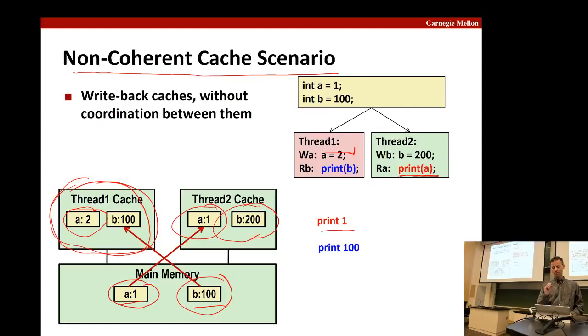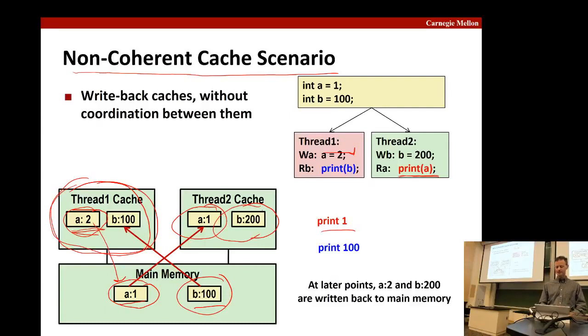Now, the trick is that when this thread unlocks, before it does that, it has to make sure the value gets pushed back out to memory, so that when the other thread is able to get the lock, it gets the fresh value, not the stale value. Okay, good.